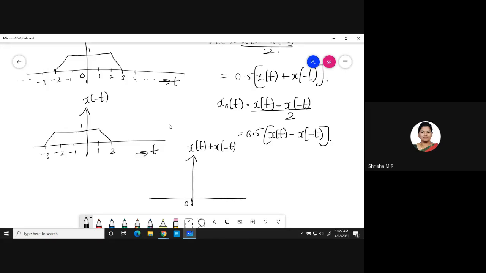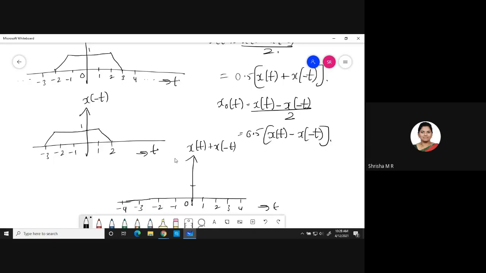So at t is equal to 0, what is the signal amplitude? 2. At t is equal to 0, you have amplitude for x of t as 1, for x of minus t as 1. So for x of t plus x of minus t at t is equal to 0 it is 1 plus 1, it is 2.